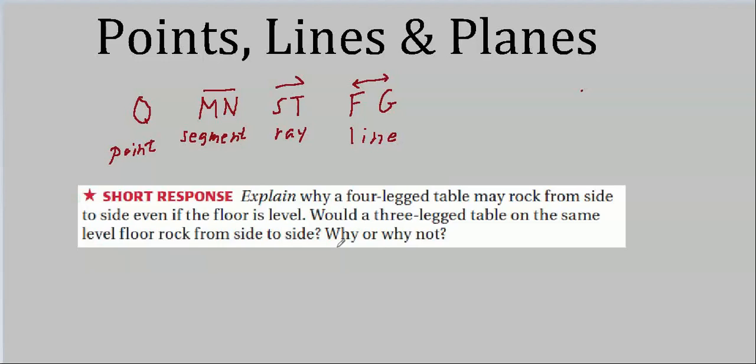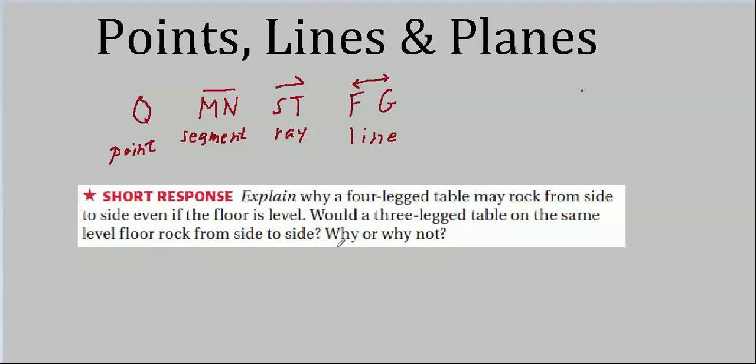Any 3 points defines a plane. So even if the legs aren't even, one's 3 feet, and the other one only came out to 2 feet 10 inches, it would still be stable. It would tilt a bit, but it would be stable.